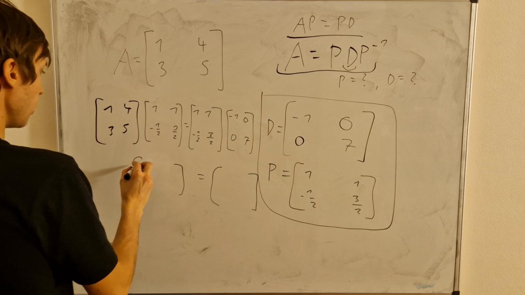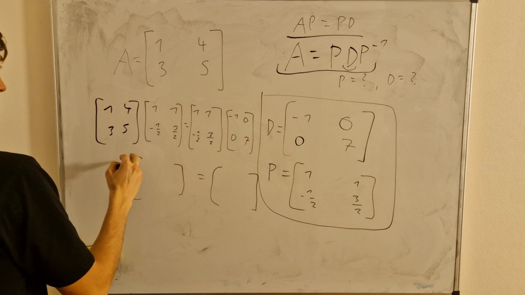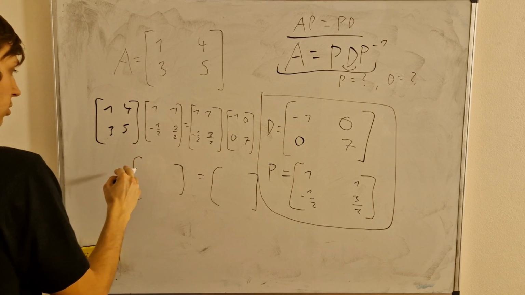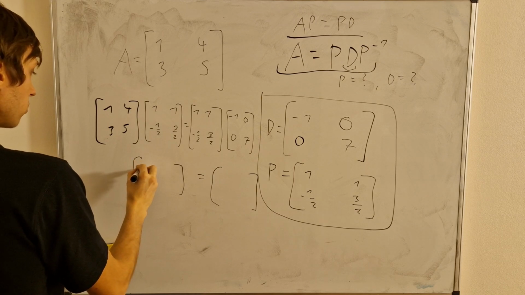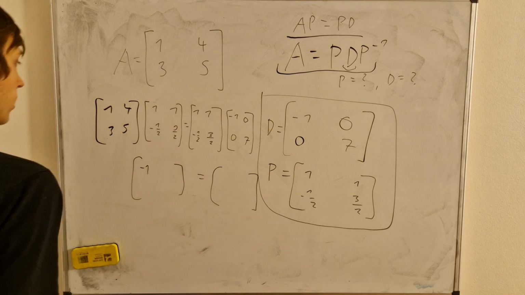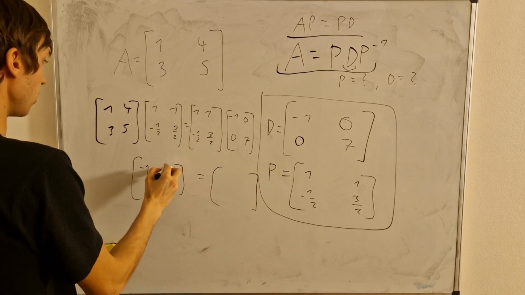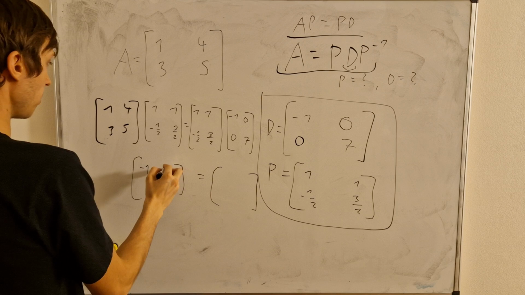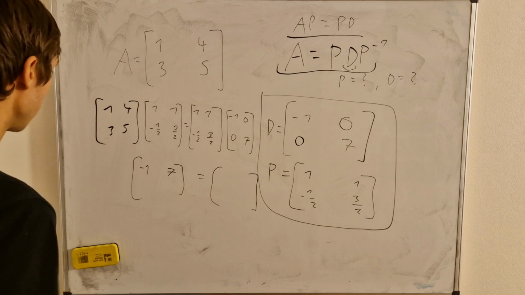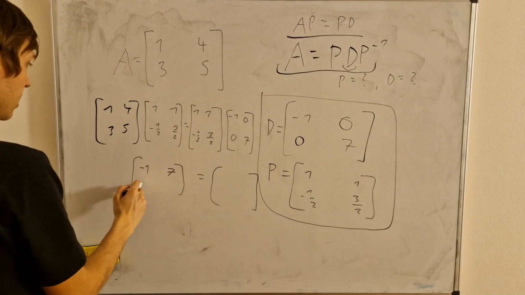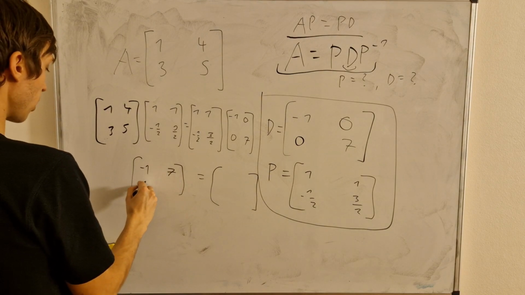This one is going to be the left matrix first row times the right matrix first column. So 1 minus 2. Then this one is going to be 1 times 1 plus 12 times over 2. So it's 7. This one is going to be 3 minus 5 over 2, which is 1 over 2.